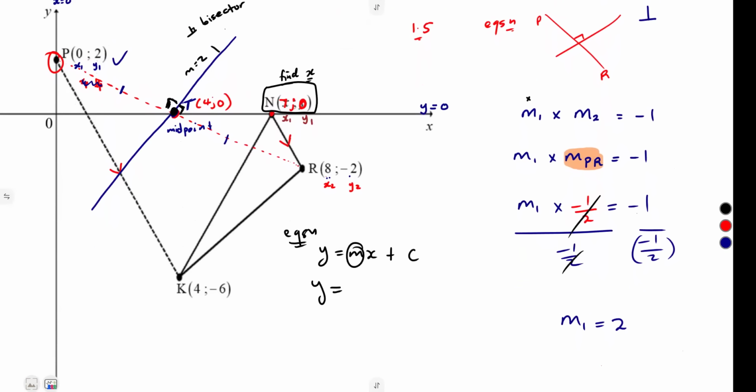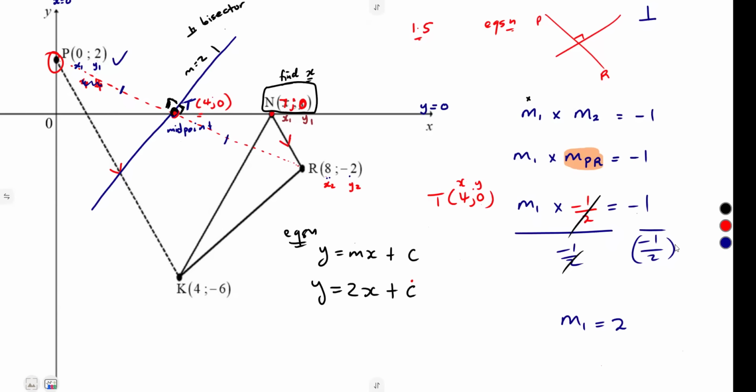So y is equal to 2x plus c. To find the y-intercept, you can substitute the point T, because the line passes through the midpoint, which is the point T.